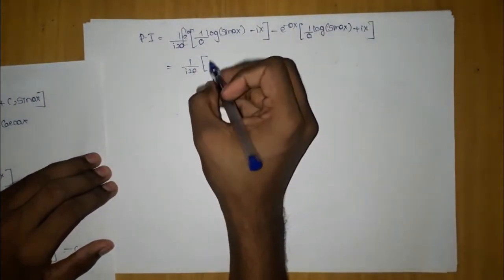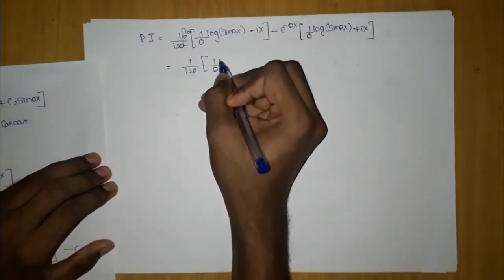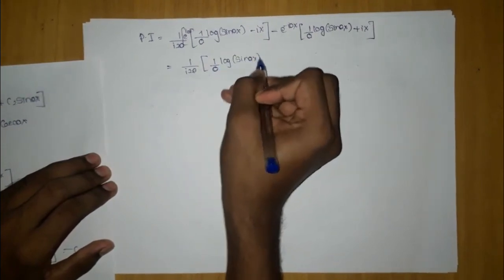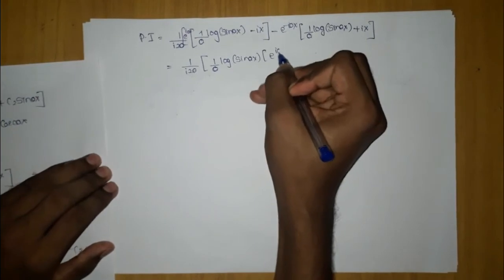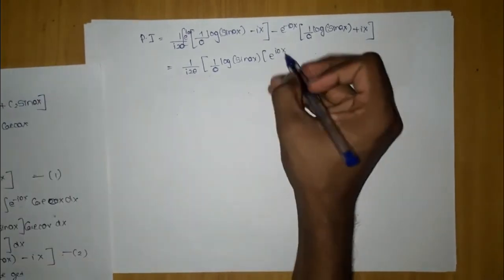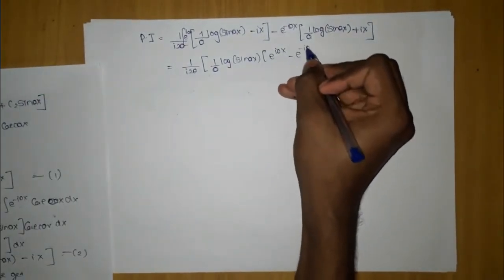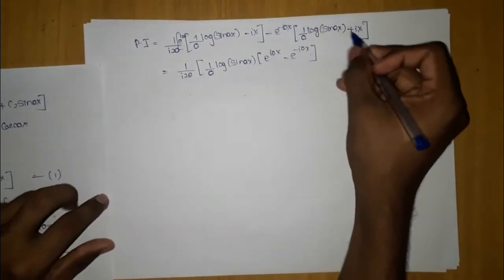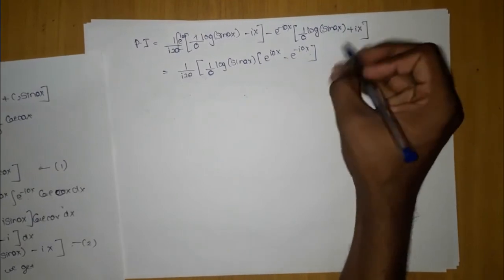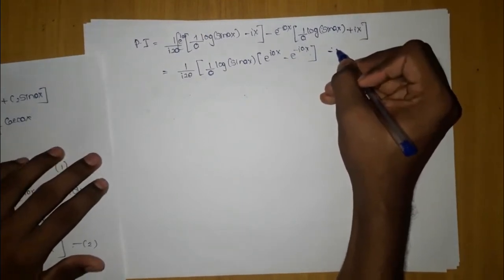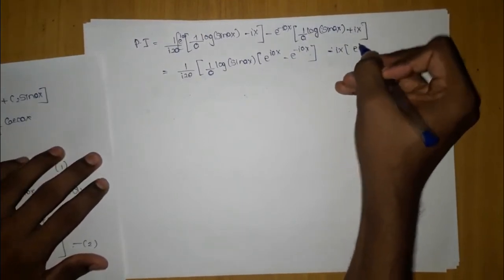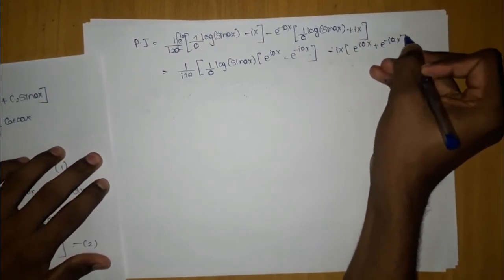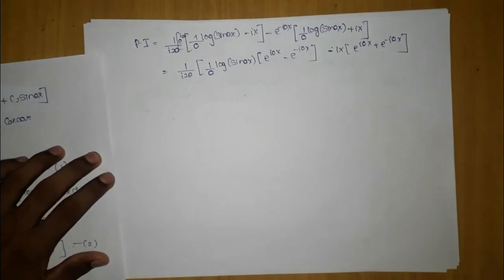So if I do that, I am going to get 1 by a log sin ax, here e to the power iax minus e to the power minus iax is there, and I have told you what you can write this thing as. And here similarly we are going to take the minus outside, minus ix. If I take outside, e to the power iax plus e to the power minus iax will be there, which will simply give me cos.